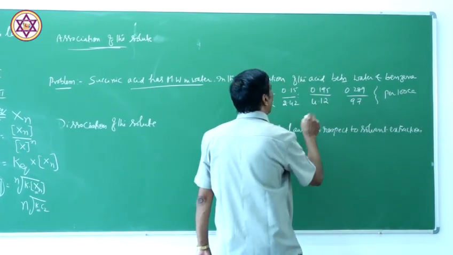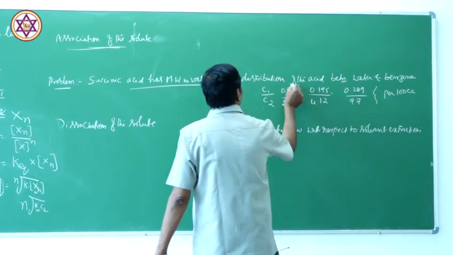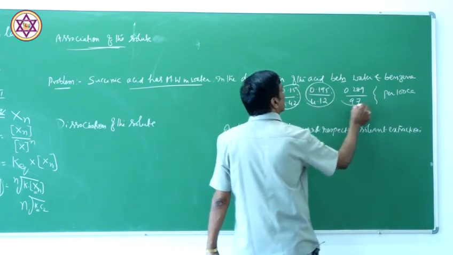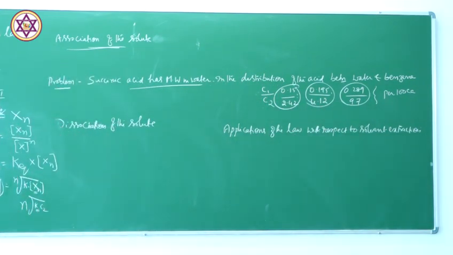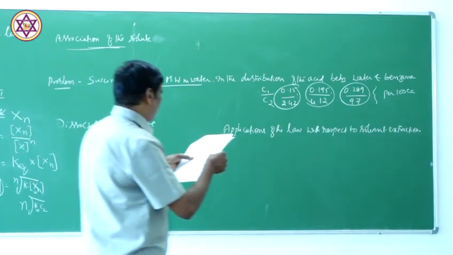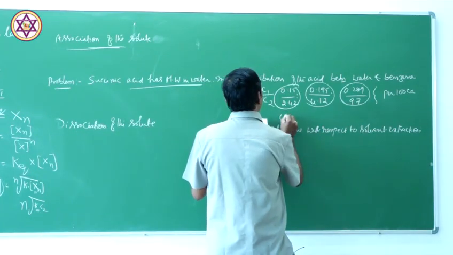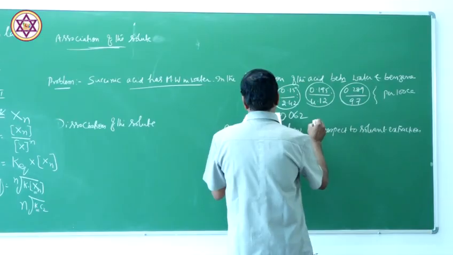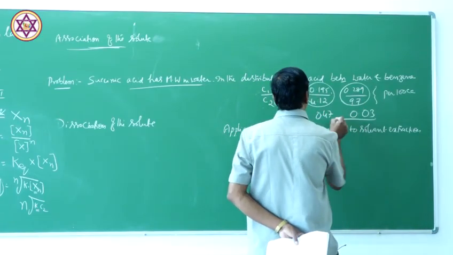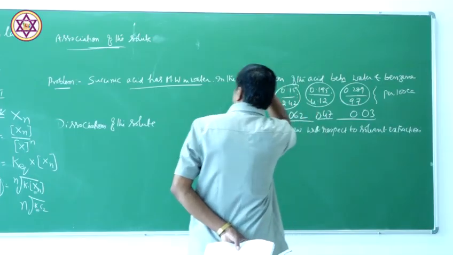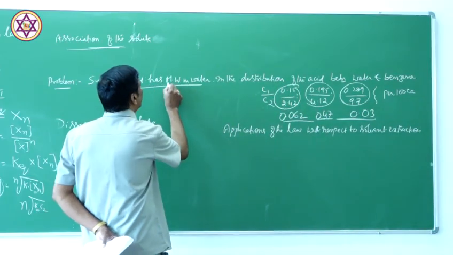Therefore, if you calculate this ratio, it will not be constant. In this case it is 0.062, in this case it is 0.047, in this case it is 0.043. This ratio is not constant in the case of succinic acid dissolved in the water and benzene system.